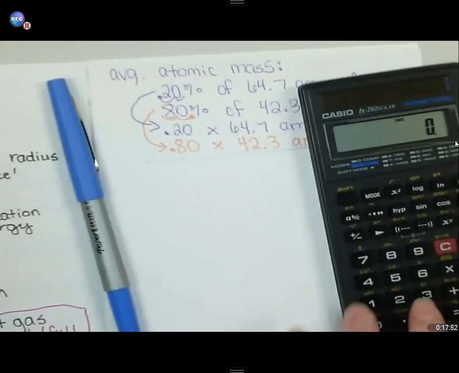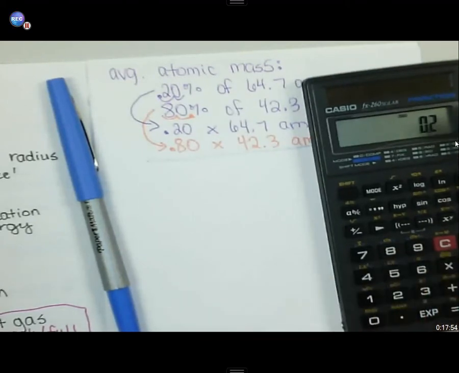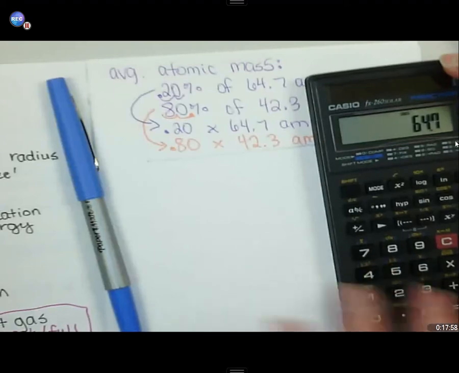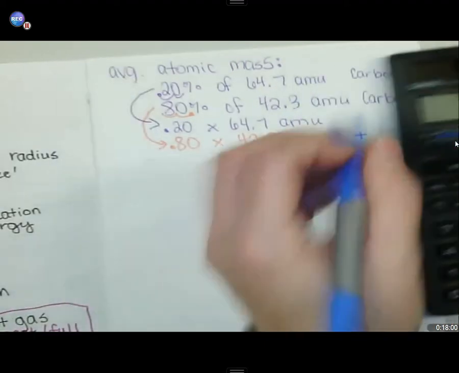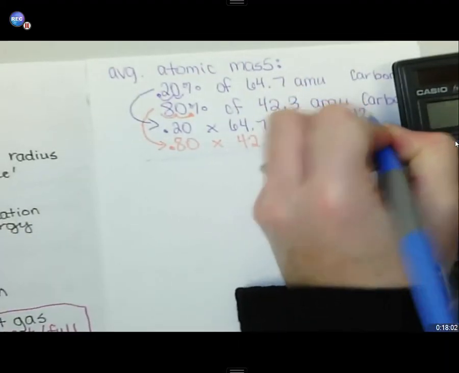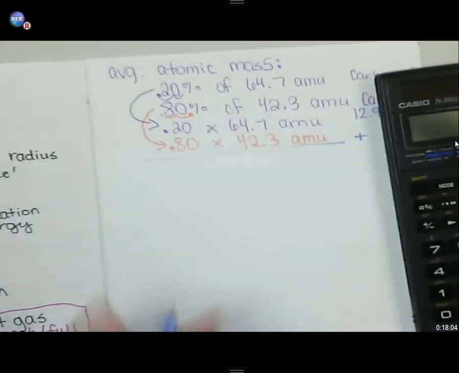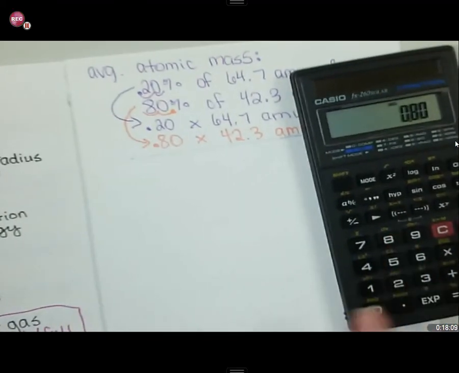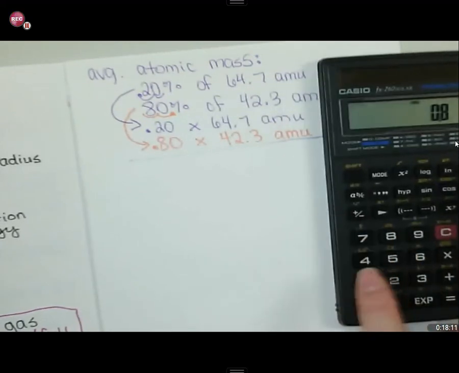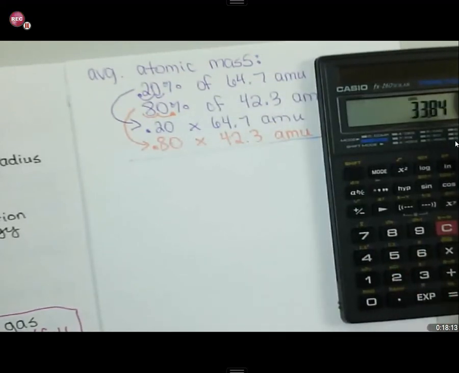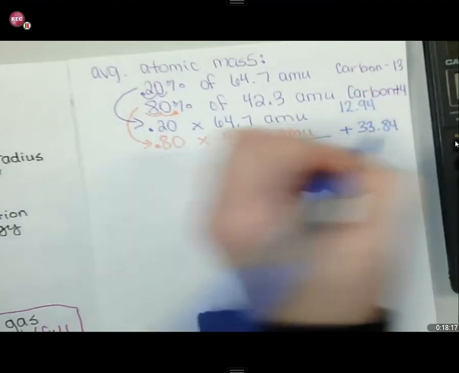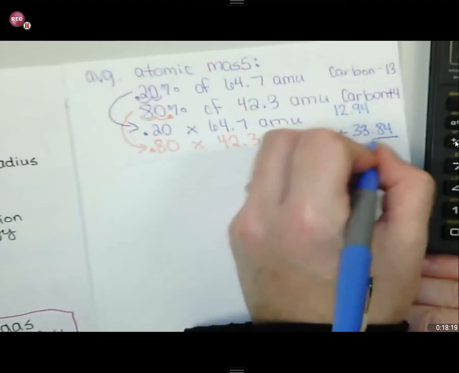I have 0.20 times 64.7 equals, I end up with 12.94. And then I multiply this second number, 0.80 times 42.3 gives me 33.84.